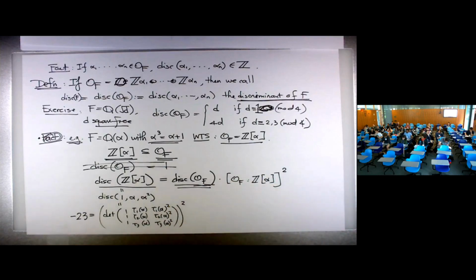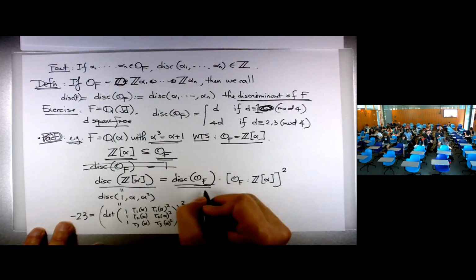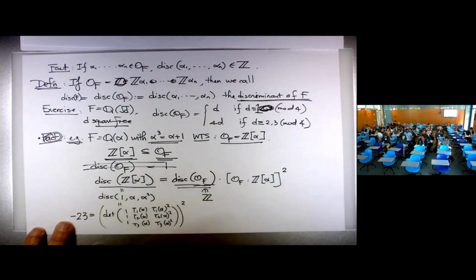But now you're in this peculiar situation. The left side is negative 23, which is a prime. But we know that the discriminant of OF is an integer, and they're off by a square factor. But there's no square factor in this 23 here.